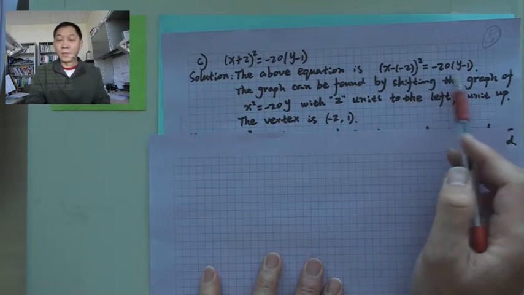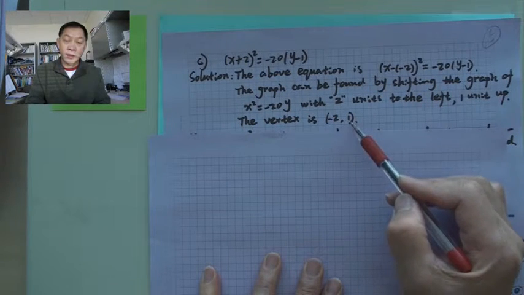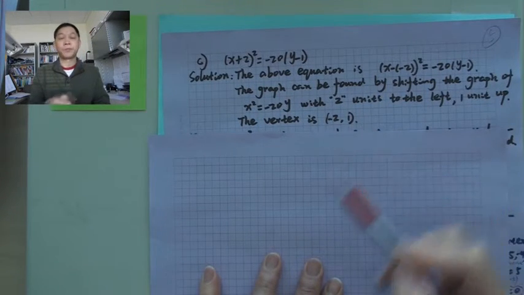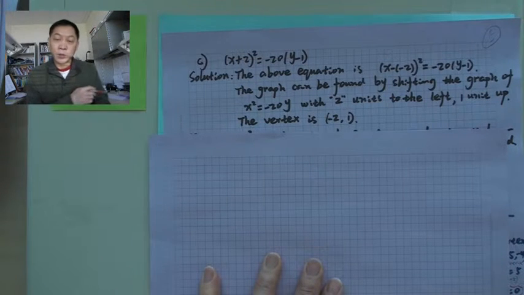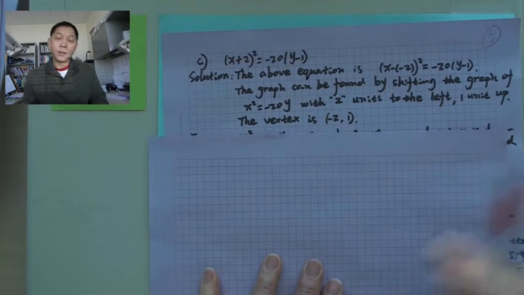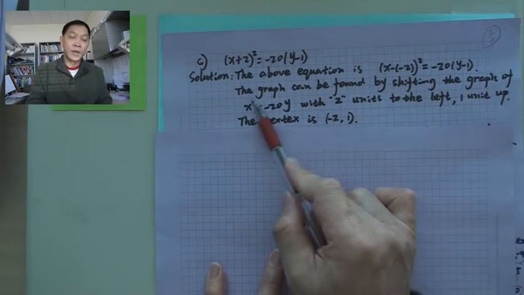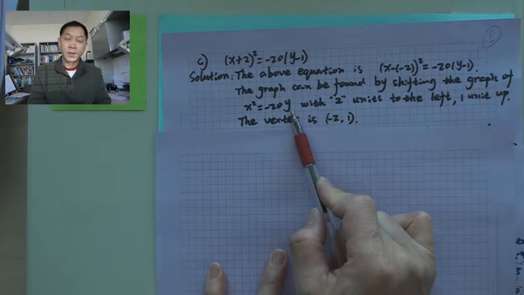So when you write it this way, you know where the vertex is, and you also know where you should shift the picture. That's an important step.